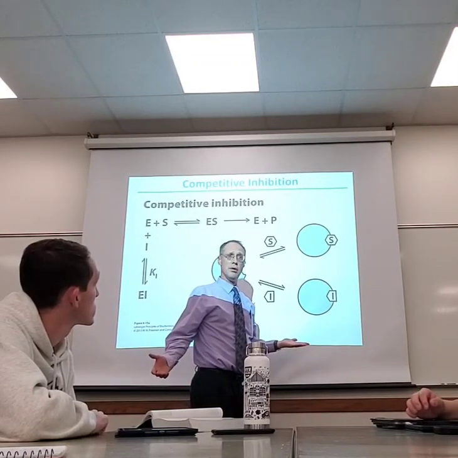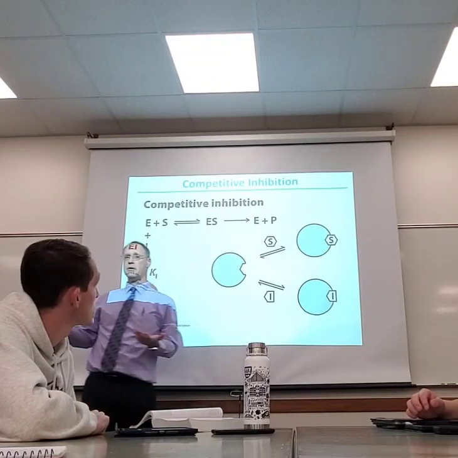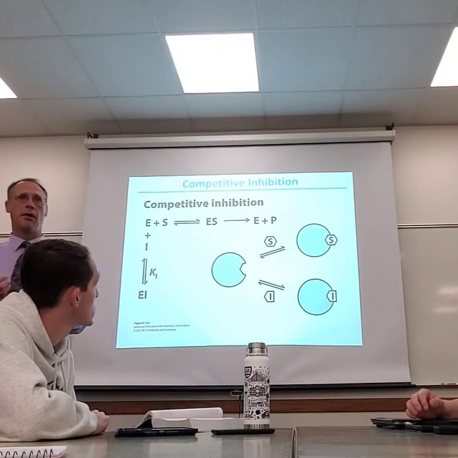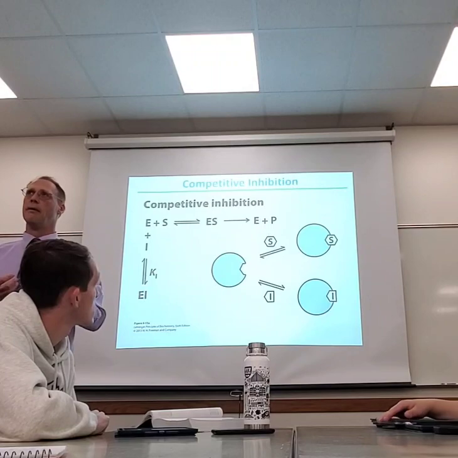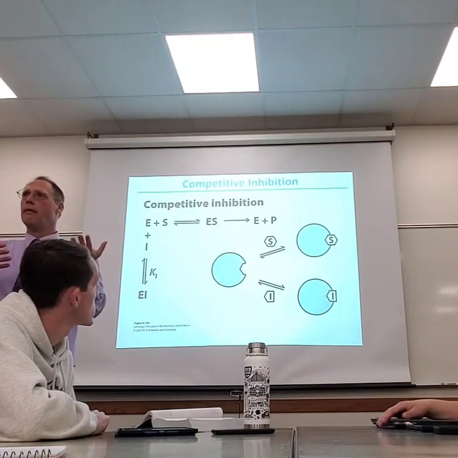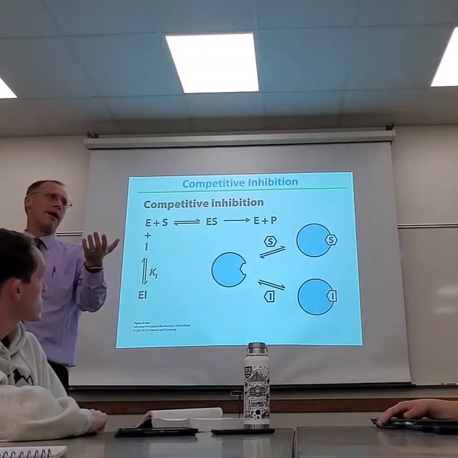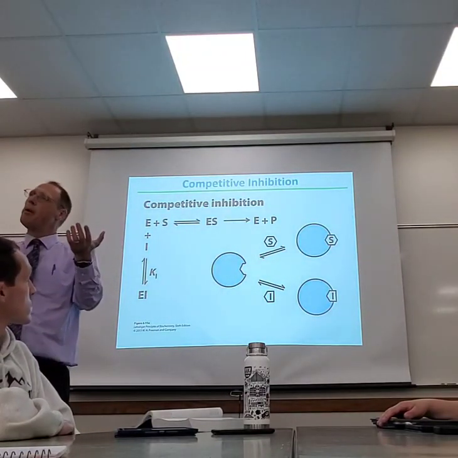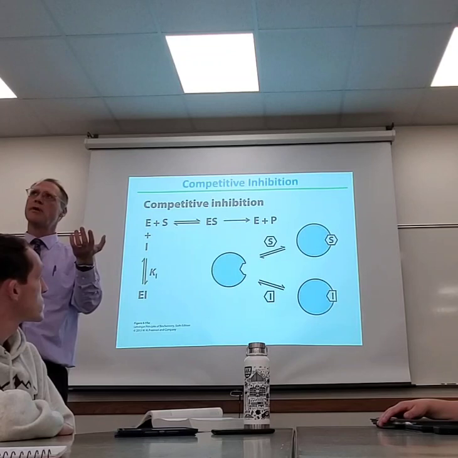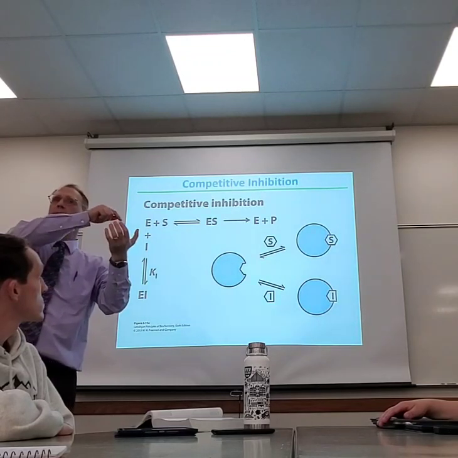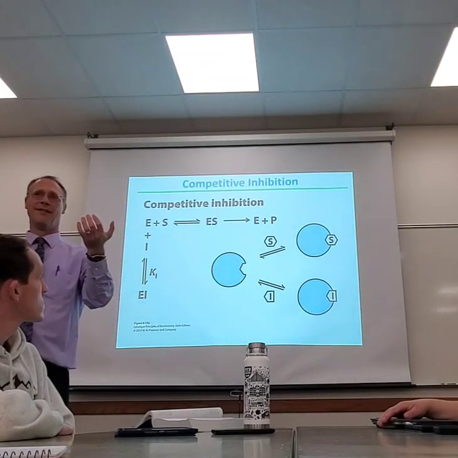As a result, what happens if I bind the inhibitor to the enzyme? You effectively reduce the amount of enzyme you have, I have less enzyme around, so it reacts slower. But what happens to the substrate concentration for the enzyme that's left? Oh.